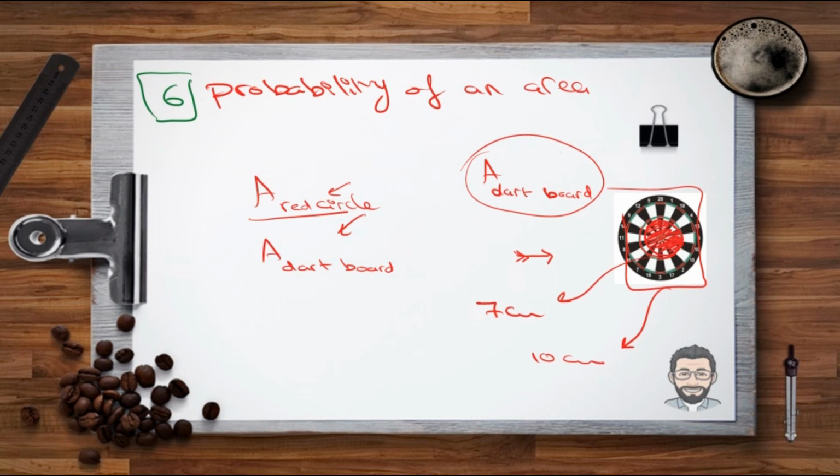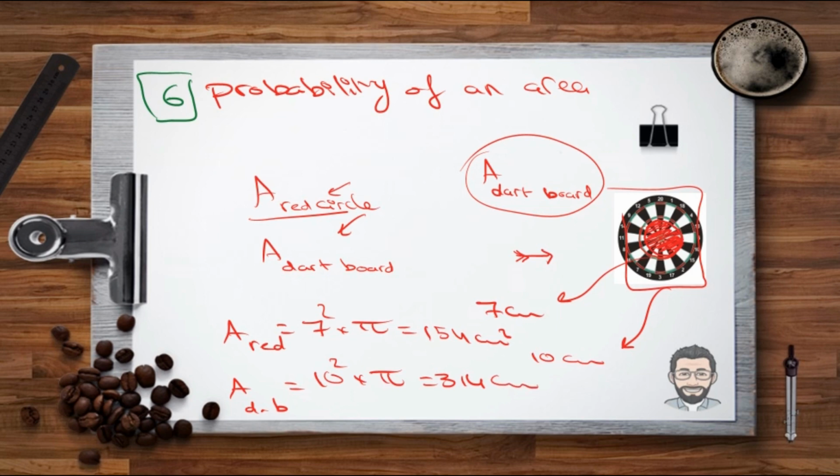You're going to write the area of the red equals 7 power 2 times pi to get about 154 centimeters squared, and the area of the dart board equals 10 power 2 times pi equals 314 centimeters squared. So it's going to be 154 over 314. This is going to be the answer. If you want to put it in the simplest form, that's okay.